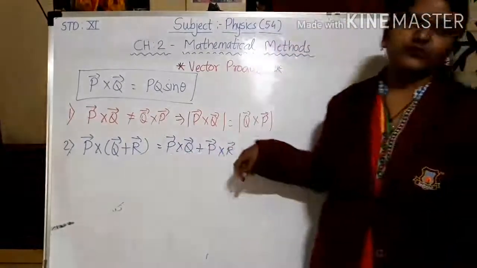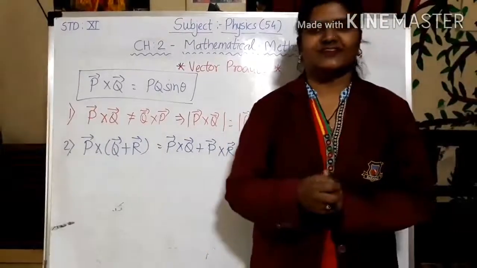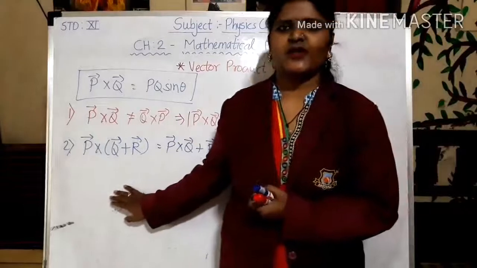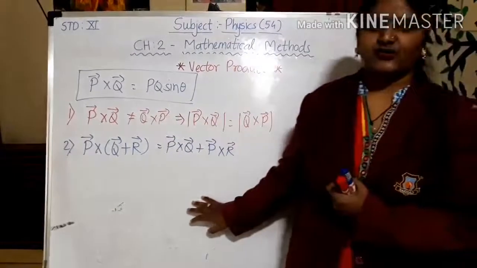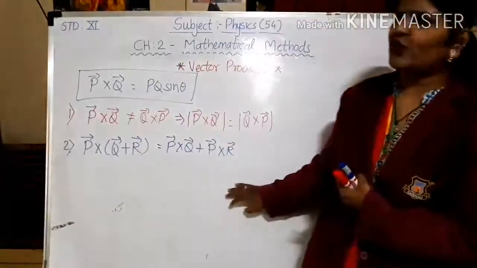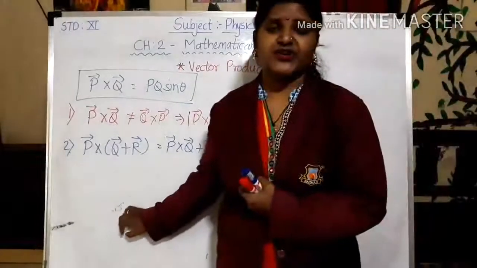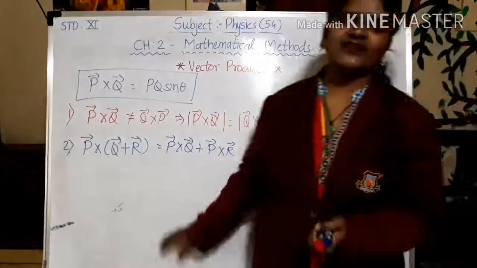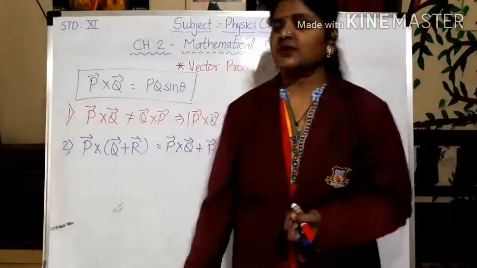This is the distributive law, and it is obeyed by the vector product. This is the same in both the scalar product and the vector product, so we will not consider it while studying the distinction, because both points are similar in both products.